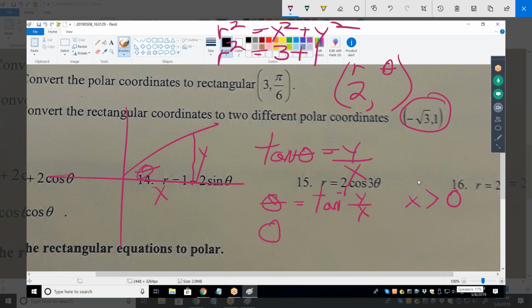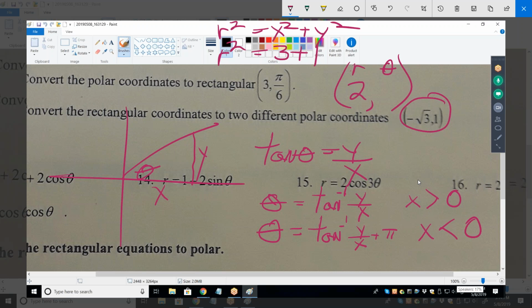Okay. If x is negative, then it's equal to the inverse tan of y over x plus pi, putting it into a different quadrant if x is negative. Okay. Well, in this case, x is negative.